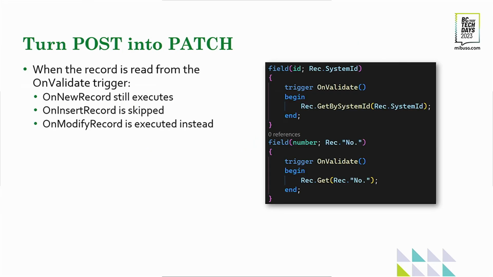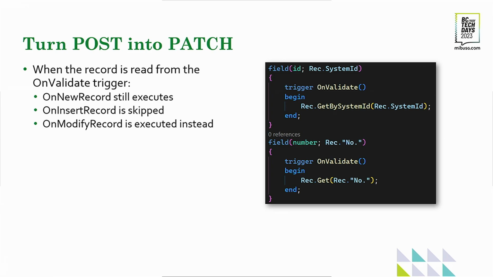Then that post turning into a patch, that is a thing that I actually discovered last week. So I thought that would be a nice demo. When you read the record from an onValidate trigger, on new record will still execute, because that is before validating the fields.